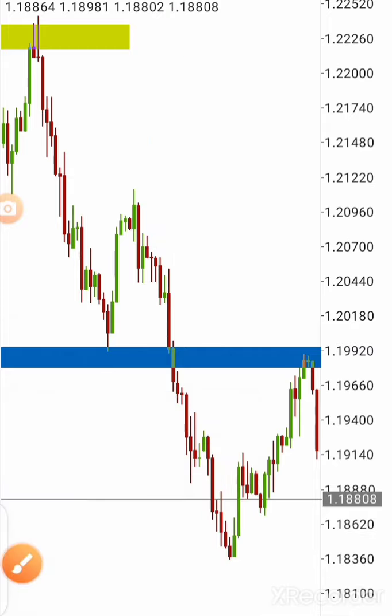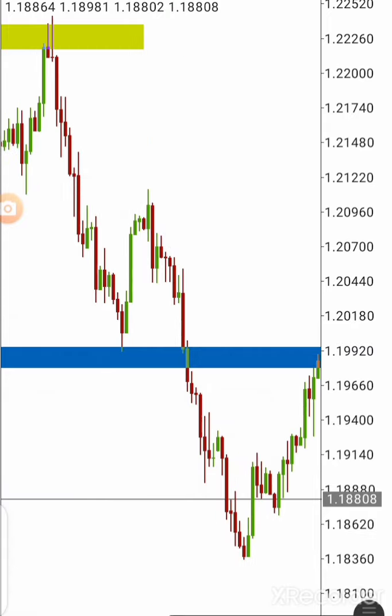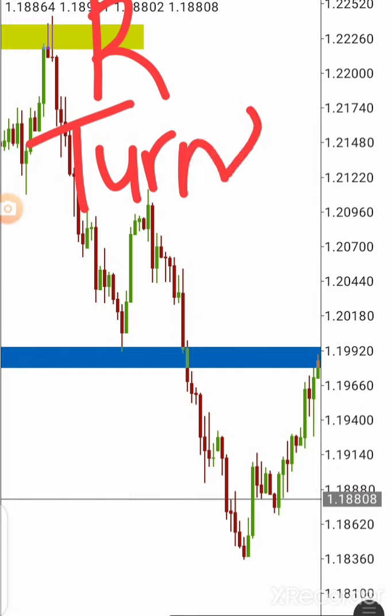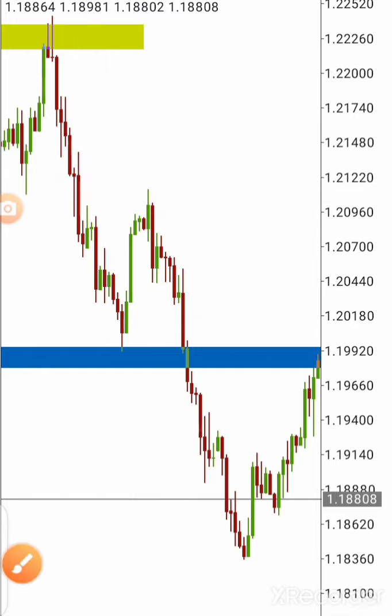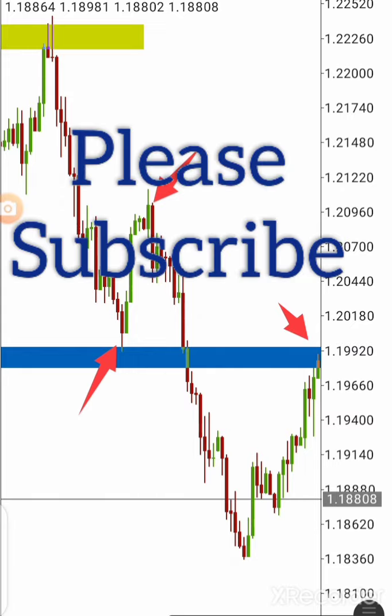And we also have what we call resistance turned support. This is it over here. These are the zones. These are the zones we are looking at. I hope this helps.